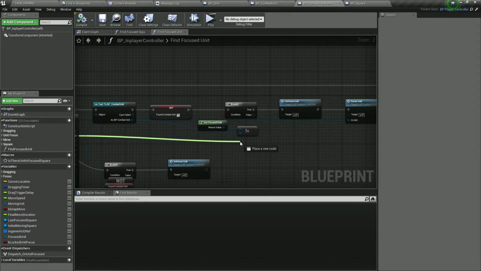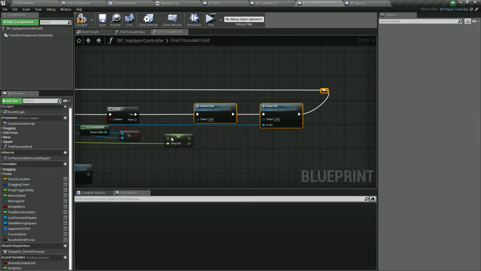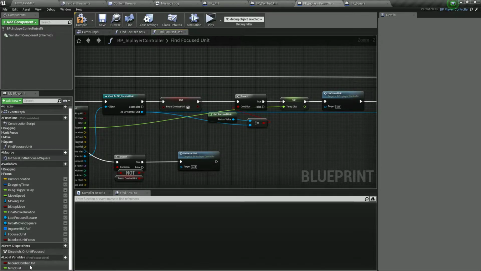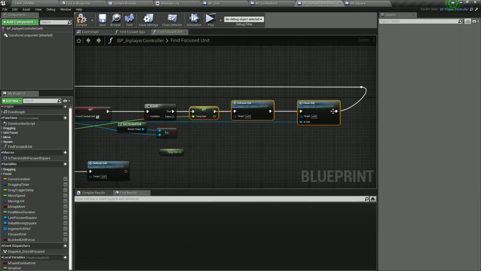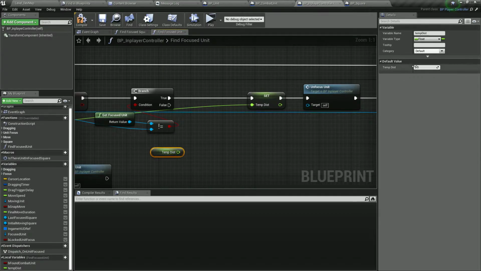So I think we can do something like a temp dist, and temp dist is going to be like 500, we don't care.